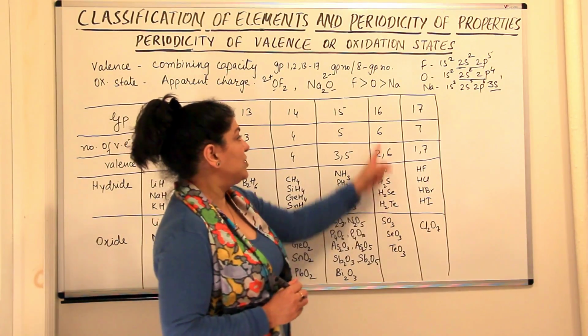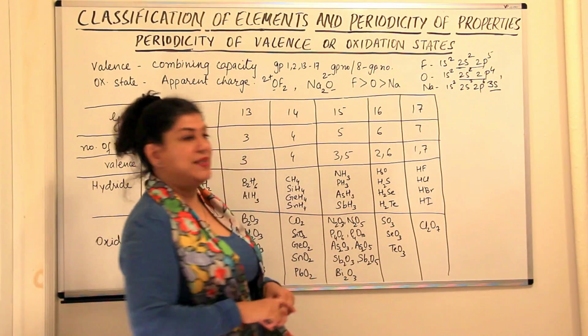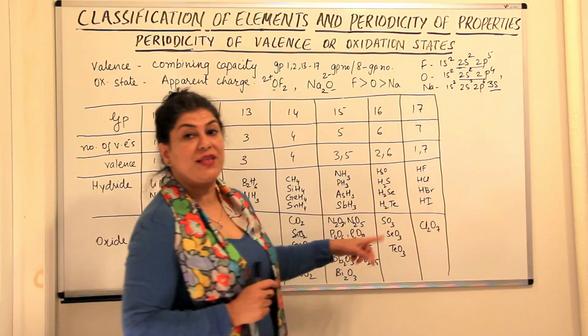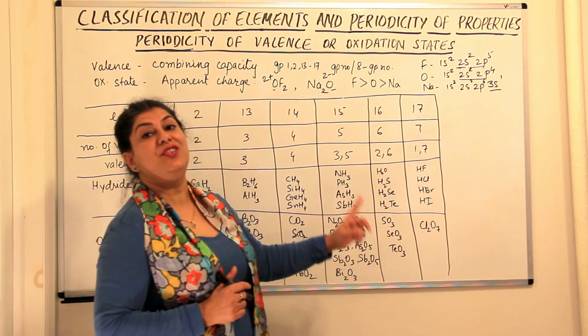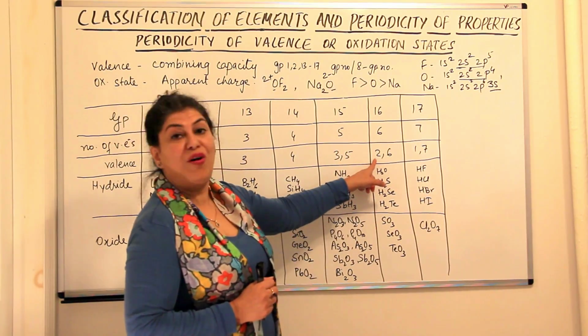So the oxide which is formed with these elements is sulfur trioxide. 3 oxygens means 6 electrons, and who is giving the 6 electrons? Sulfur. So the sulfur here is displaying a valency of 6, although with hydrogen it was displaying a valency of 2.